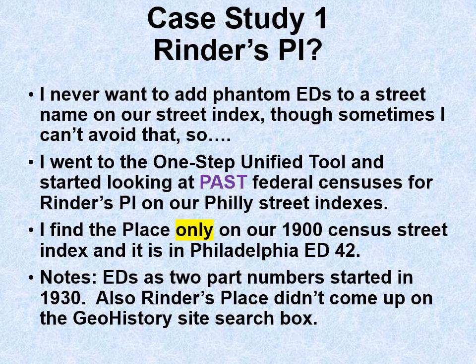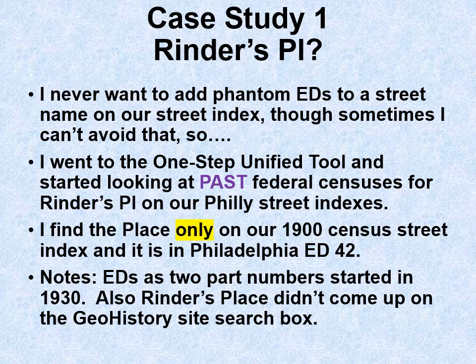I really don't want to add phantom EDs to a street name on a street index, so I went out of my way, and I went to the One-Step Unified tool and started looking at past federal censuses. Remember, on the top of the Unified tool, you can change the year. Right now, the year is 1950, but you can go back in time.